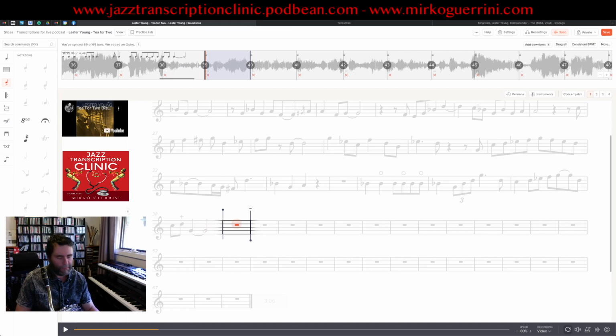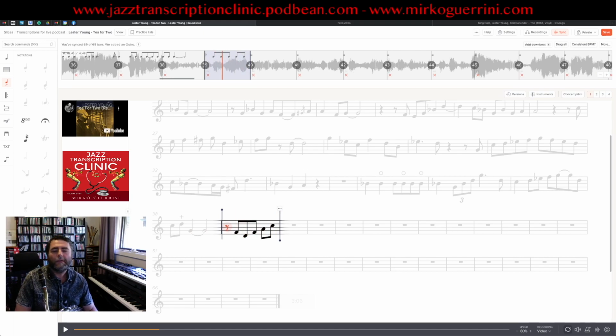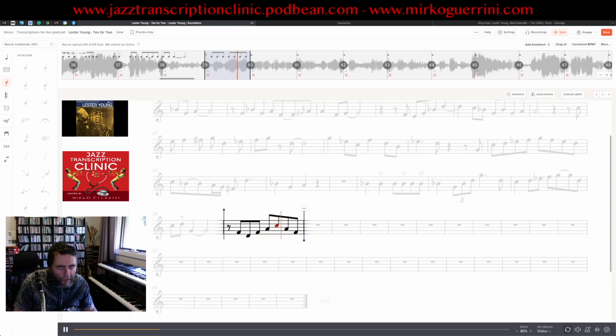So that will be like this, and F. Just a quaver rest, and we delete this. The last F is super ghost, so we put it in brackets.